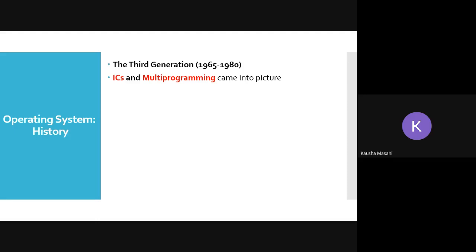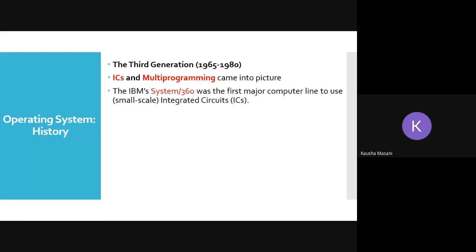Everybody, I guess, has at least seen what an integrated circuit looks like, or at least you know that there is some green color board. IBM's System 360 is the first major computer in the line that had integrated circuits, and it was now able to do some application work apart from just scientific and engineering calculations.